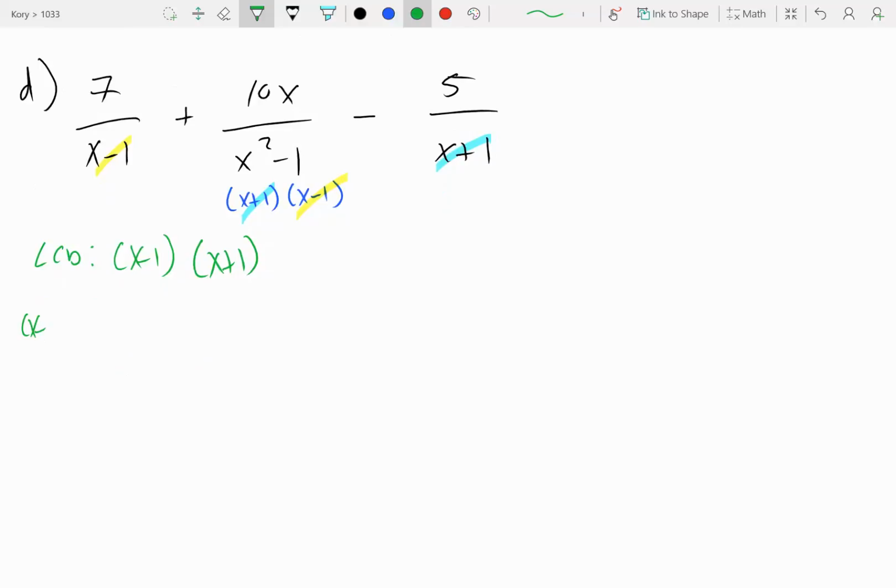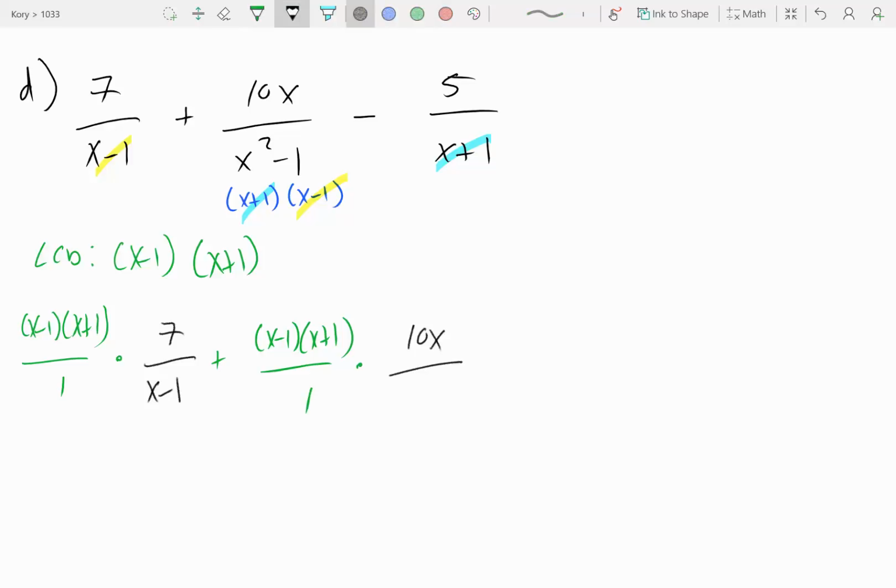So we have (x minus 1)(x plus 1) over 1 times 7 over x minus 1, plus (x minus 1)(x plus 1) over 1 times 10x over (x plus 1)(x minus 1). As you see, I put the factored form in. You always put the factored form in when you're working with stuff.